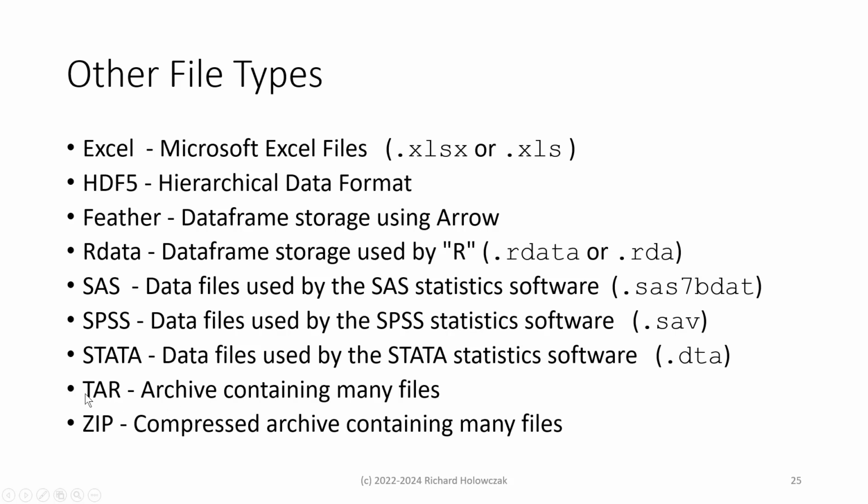A tar file, which stands for tape archive, is basically one file name that contains many files bundled up together. And last but not least, a zip file is a compressed archive that can contain many files. So sometimes if we get a tar file or a zip file, we need to decompress or extract all of the files that are inside of those archives before we can start to work with them.